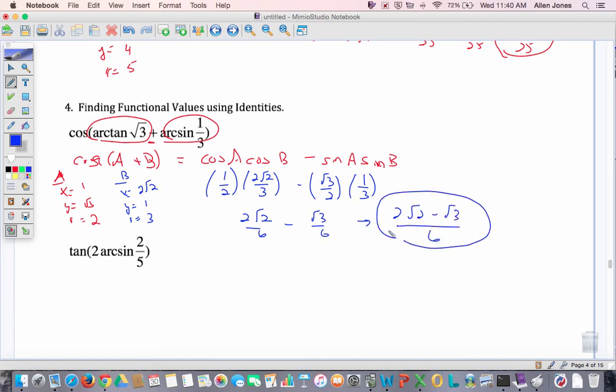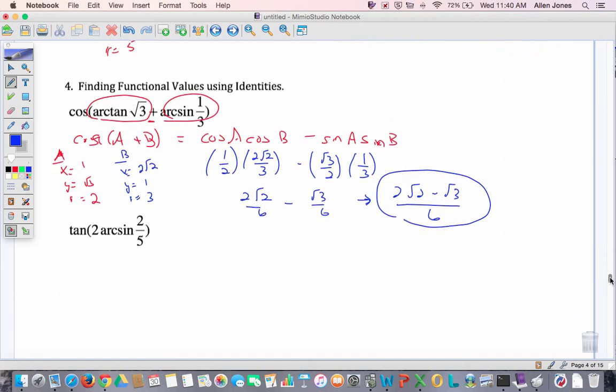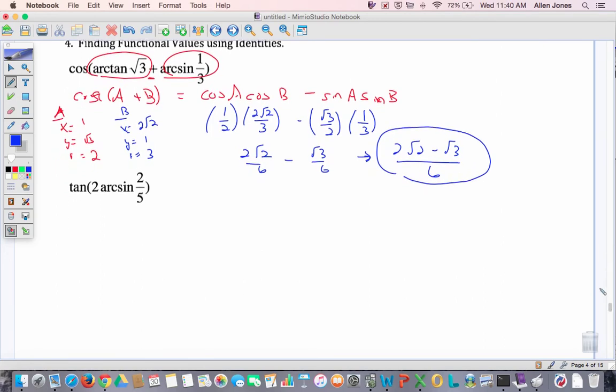Here I have 2 square root of 2 over 6, minus the square root of 3 over 6, or 2 square root of 2 minus the square root of 3 all over 6. Okay, so a little bit more in-depth version there of our compound function using some of our identities back from chapter 5.